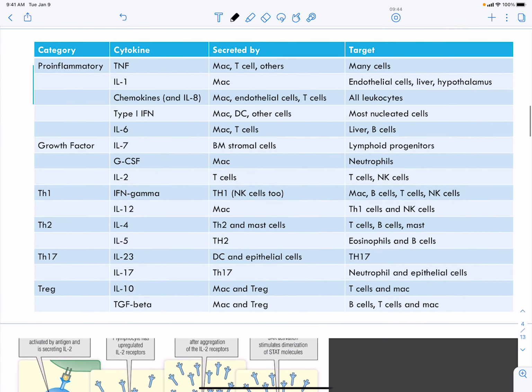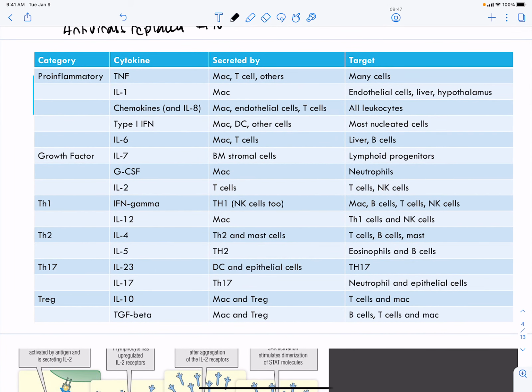Okay, so here's a nice little table about all these different lovely cytokines, and we've talked about most of these, so this should be very familiar. On this table, just to point out a few things, we have our pro-inflammatory cytokines, so those are TNF, IL-1 or acute phase response. We do lump in chemokines, which are going to be directional.